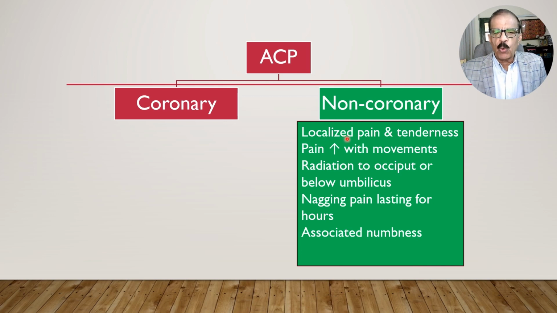For example, if pain is localized and there is associated tenderness, and pain increases on certain movements, and it radiates to the occiput or it radiates to below the umbilicus, because pain of coronary artery disease does not radiate through these areas. And if the pain is nagging, lasting for several hours, or if it is associated with numbness, so pain in the chest which radiates to the shoulder and arm, but there is numbness and the pain is nagging and for very many hours, that is unlikely to be coronary etiology.